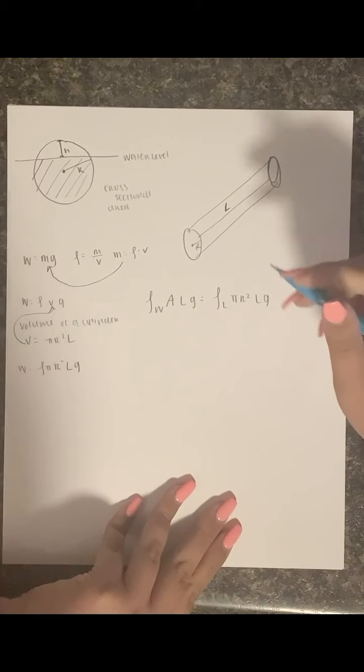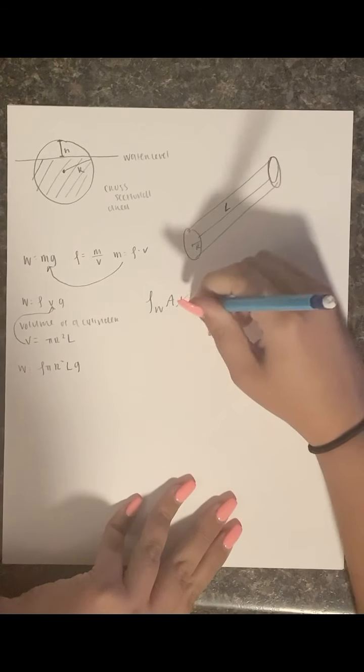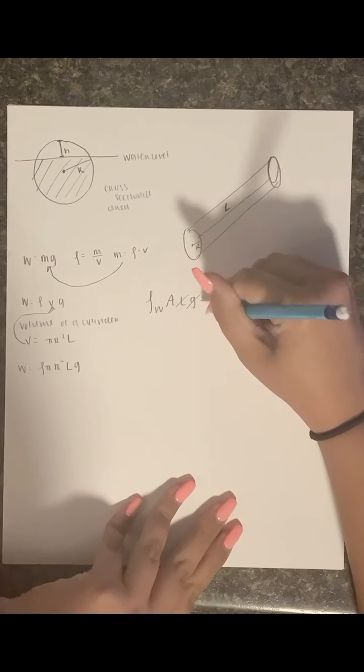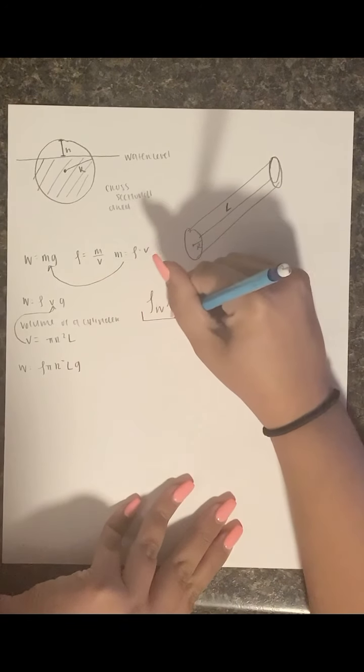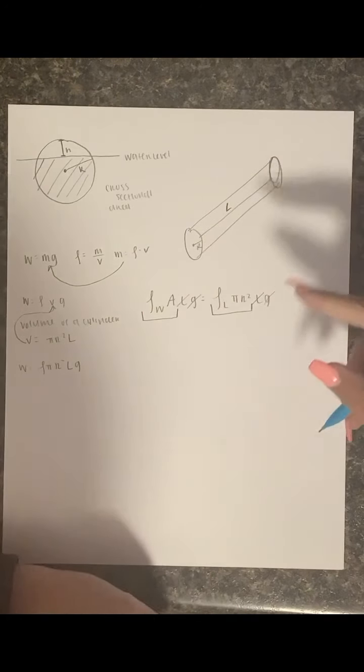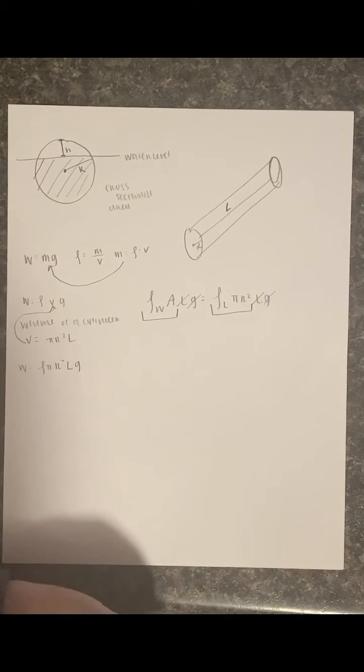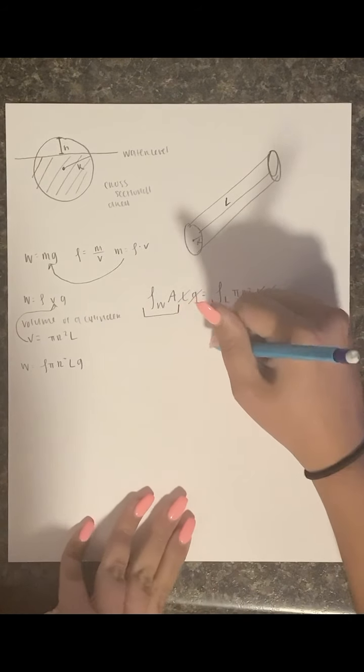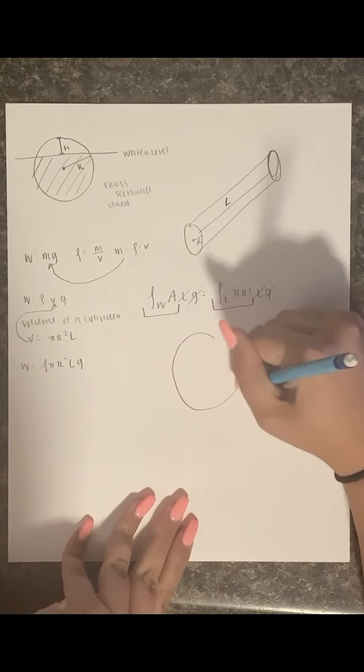And as you can see, the L's on both sides and the G's on both sides are going to cancel, leaving us with just these parts here, which will be substituted later. But first we're going to look at another diagram here.